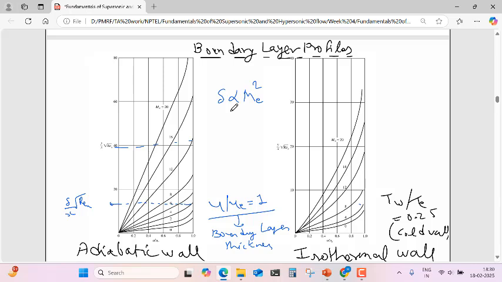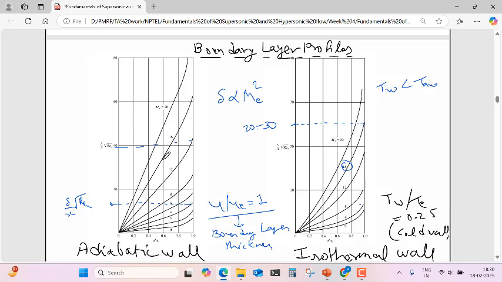And if you see both figures, let's say this is M infinity equal to 16. In this case, for a cold wall, meaning Tw is less than T adiabatic, the boundary layer thickness is between 20 to 30.